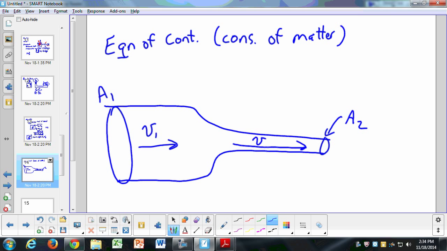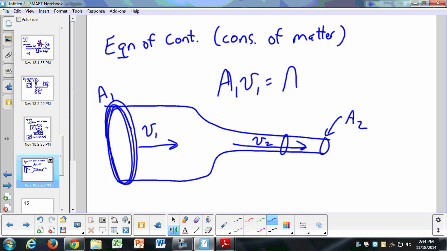I'm going to have a much larger speed down here because all the fluid that comes into this area and travels through this section of the pipe has to travel through this smaller section of the pipe. So if I make it smaller, it's going to have to go through there faster in order to get that same amount. And this is encapsulated by this equation, A1 V1 equals A2 V2.